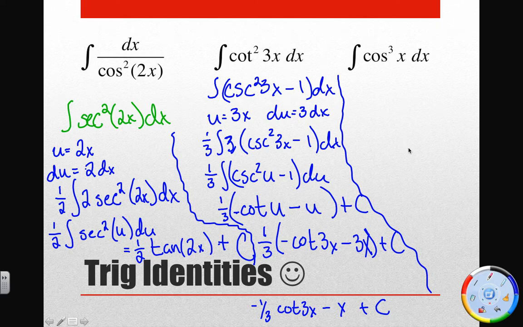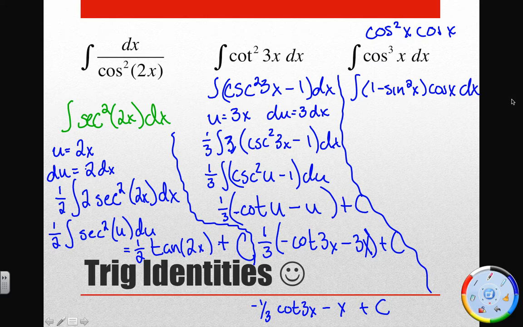All right, what about cosine cubed? Well, this one's going to take a little bit of work. So cosine cubed, I hope you guys understand that is actually cosine squared and cosine x. And cosine squared is 1 minus sine squared dx.